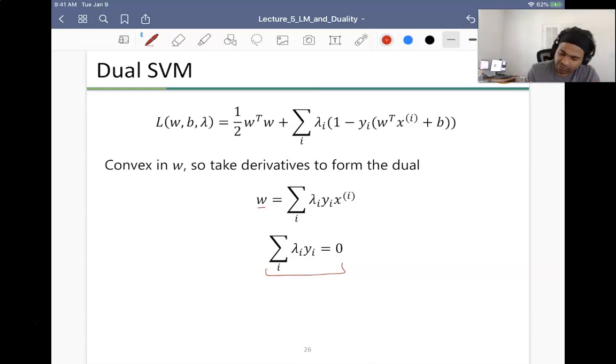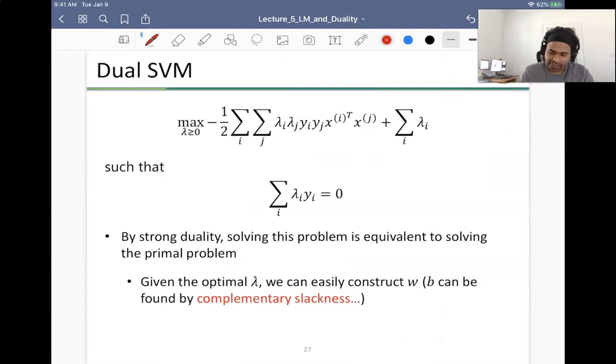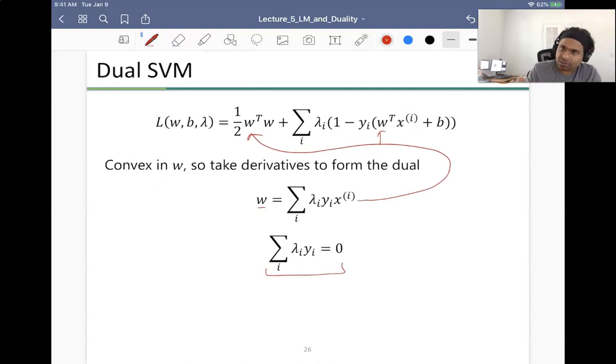So I have w equal to the sum over i of lambda_i y_i x_i, and what I need to do is plug this value into my w. I'll quickly write down the math. If I expand this out, it's a sum over i terms and a sum over j terms.